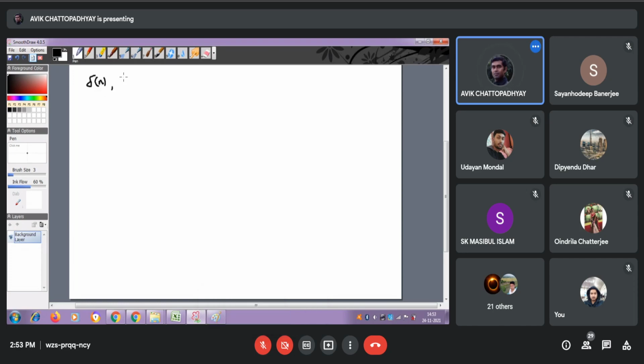Suppose u[n] represents the unit step in the discrete time domain, or the digital signal, and r[n] the ramp. All these are also the basic or elementary signals in the discrete time domain.